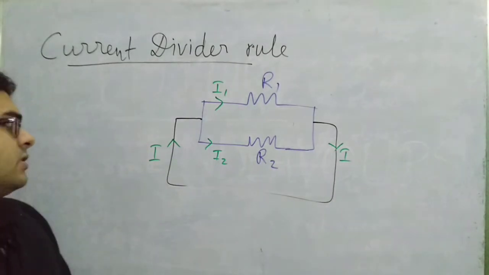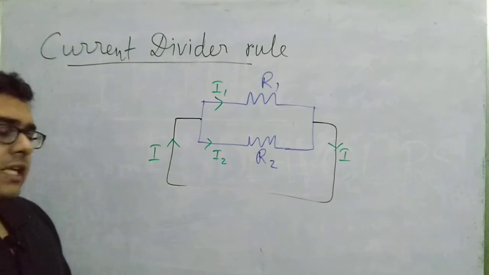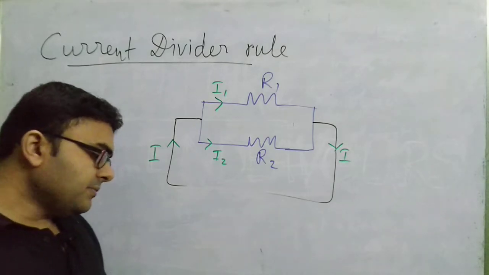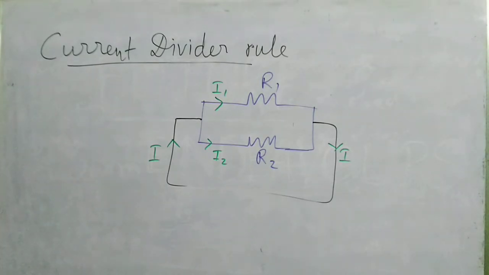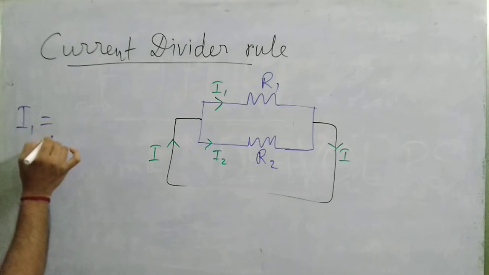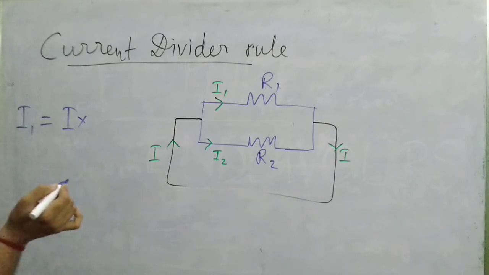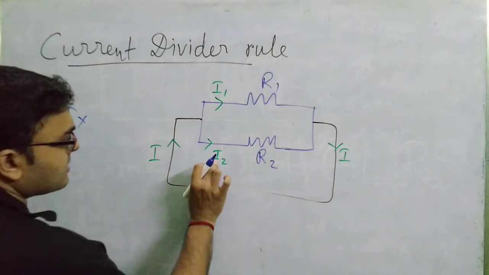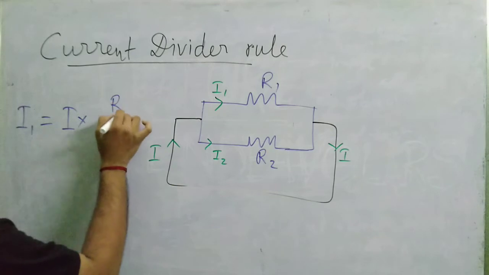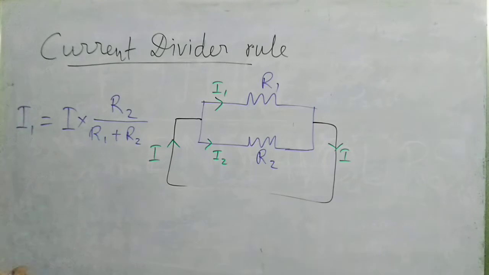Now, what is the current divider rule? You can directly apply this rule to find the currents I1 and I2. So, what is the rule? When you need to calculate the current I1, I1 is given by this formula: I1 equals the main current I multiplied by the resistance in the opposite arm, that is R2, divided by the total of the two resistances, R1 plus R2.